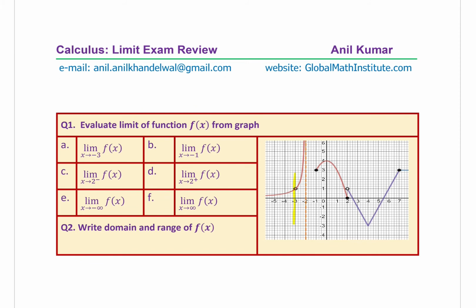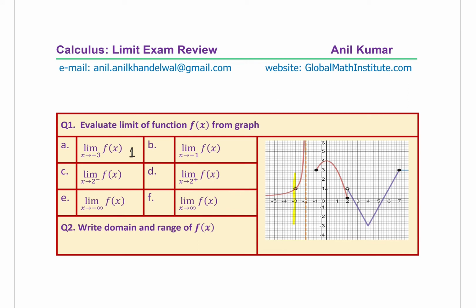The idea of limit is that what is the value the function is approaching when you are approaching that point from both the sides, that is left and right. So when you approach from both the sides, you approach this value of 1. So from both the sides, left side and the right side, the value approached is 1, and therefore the limit of this function is 1, correct?